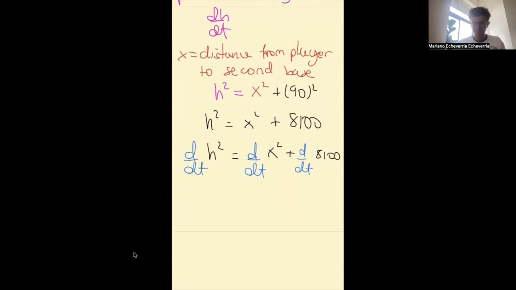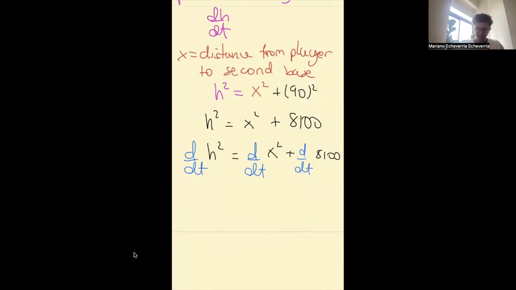So what's the derivative with respect to t of h squared? What's this equal to? It's just 2h dh/dt, okay? That's like implicit differentiation.